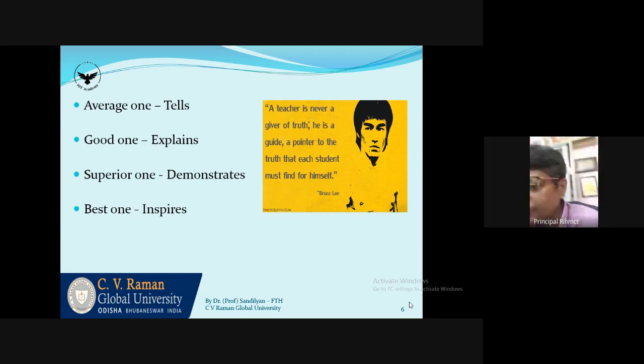Good teachers don't teach what is there in the textbook. They usually go beyond the textbook. They share their experiences, and they become a role model for the student. The student aspires to become like the teacher.